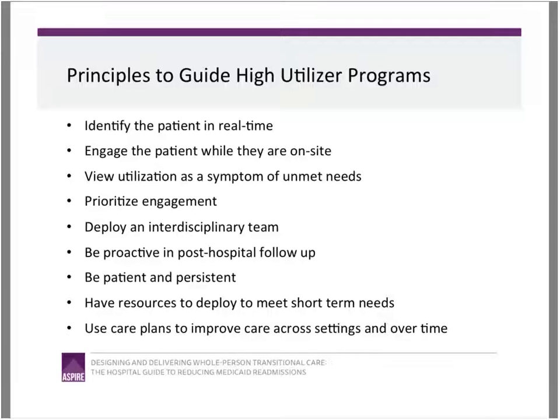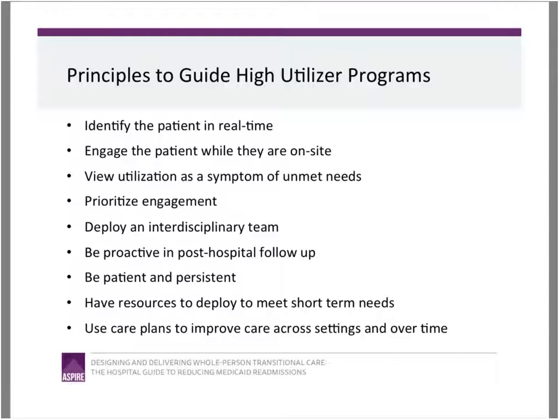We need to prioritize the human relationship-based engagement with patients so that we can create the trusting and effective engagement with people while they're here that will allow high utilizer care teams to continue to serve patients once they leave the hospital.